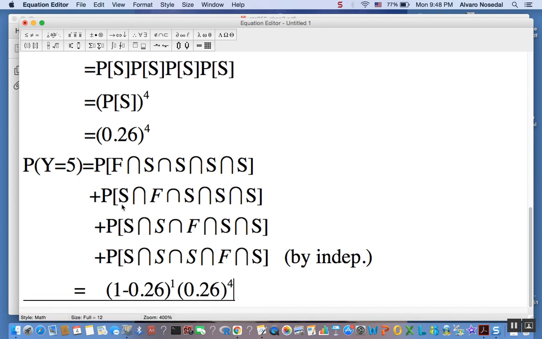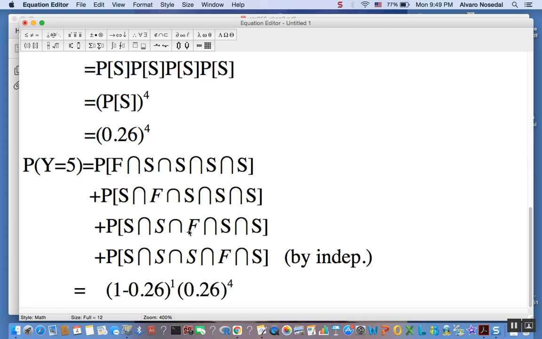Now note, for instance, this guy is going to be probability of success 0.26 times 1 minus 0.26, and then we have times 0.26 times 0.26 times 0.26. So we in the end have 0.26 to the power of 4 times 1 minus 0.26.